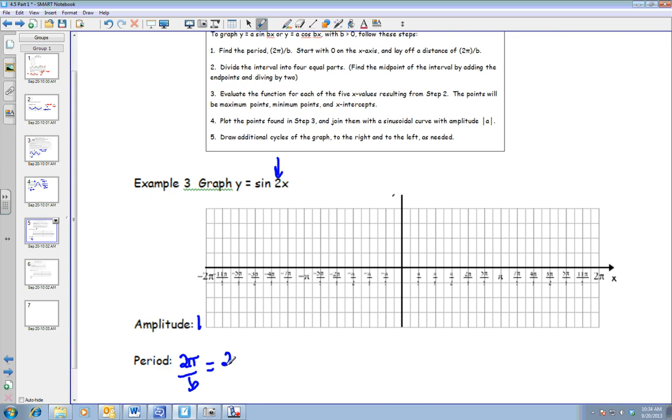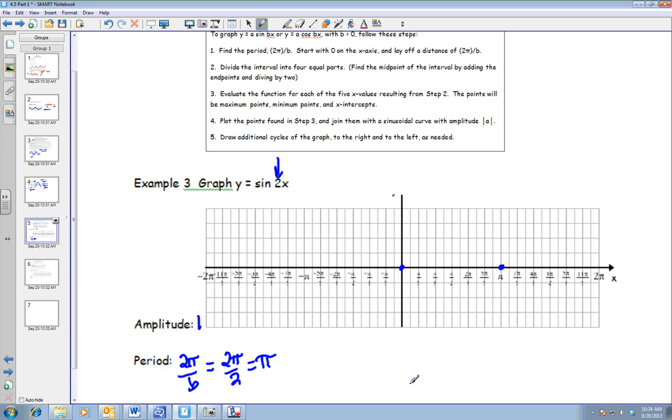So my period is 2 pi divided by 2, which simplifies down to pi. Now here's what that means. That means now I have a complete graph of sine from 0 to pi. So from 0 to pi, I have my entire thing.